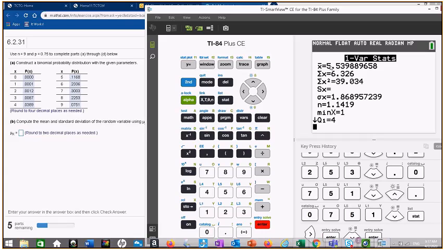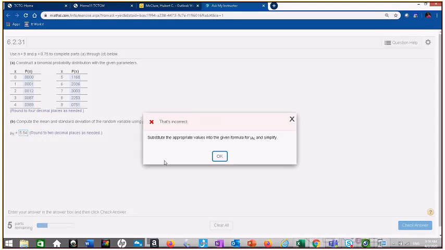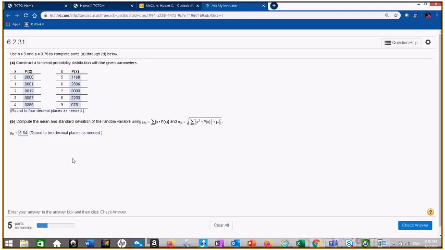So 5.54 is my mean, and 1.87. We'll type that in right here, 5.54, and we'll round to 2 decimal places.